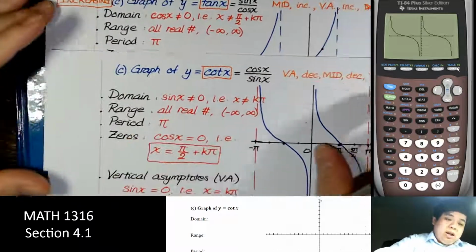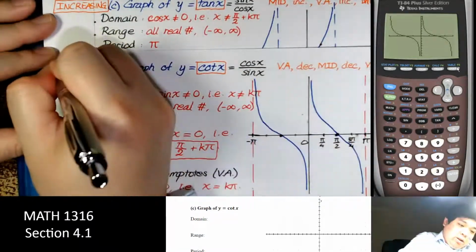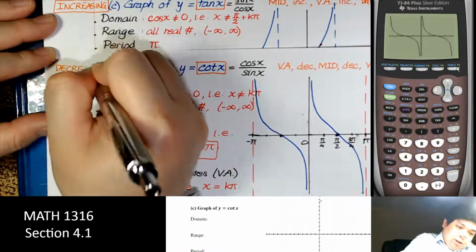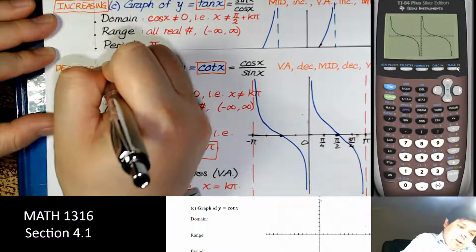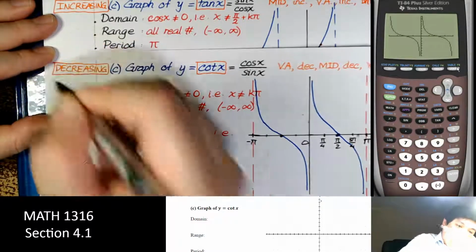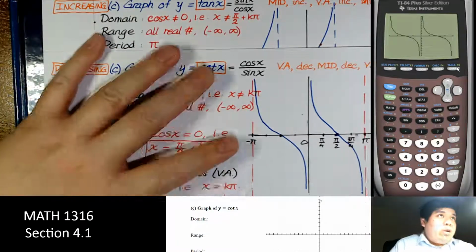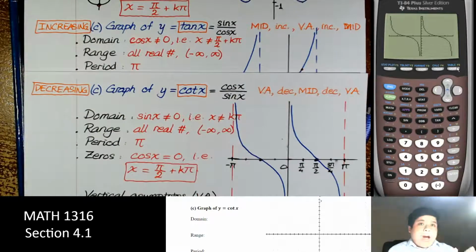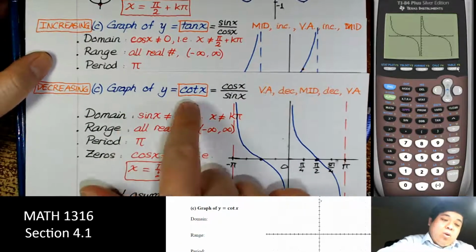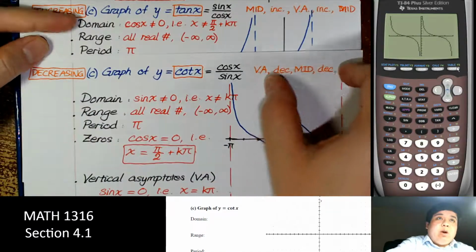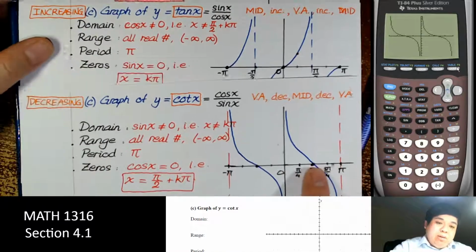So the characteristic of cotangent is that it is a decreasing function. For tangent, it is increasing and the vertical asymptote is right in the middle. And the cotangent is decreasing and the vertical asymptotes are on the ends. 0 will be at the middle.